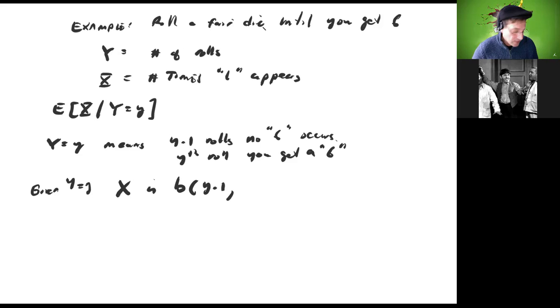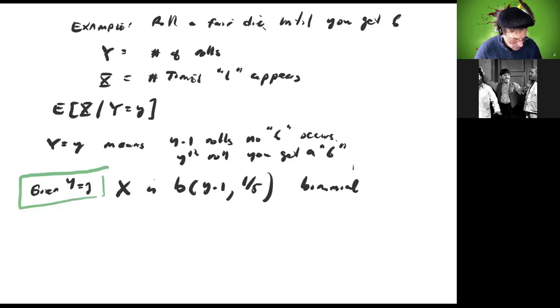The probability of getting 1 in any of those y minus 1 rolls, since you know you're not going to get a 6 in any of them, is 1/5, because there are 5 possibilities: you either get a 1, 2, 3, 4, or 5 when you roll the die. So x is a binomial of type y minus 1, 1/5, given that y equals y.